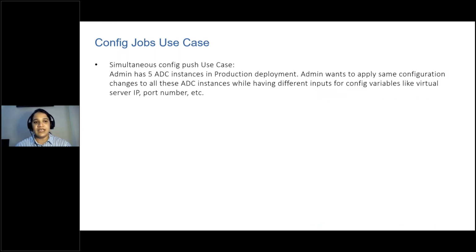Second use case is around simultaneous config push. Now, you will have instances when you want to push a particular configuration to multiple ADC instances, the same config, but with different inputs for variables. For example, the virtual server IPs may differ, port numbers may differ, and a lot of other things can differ.